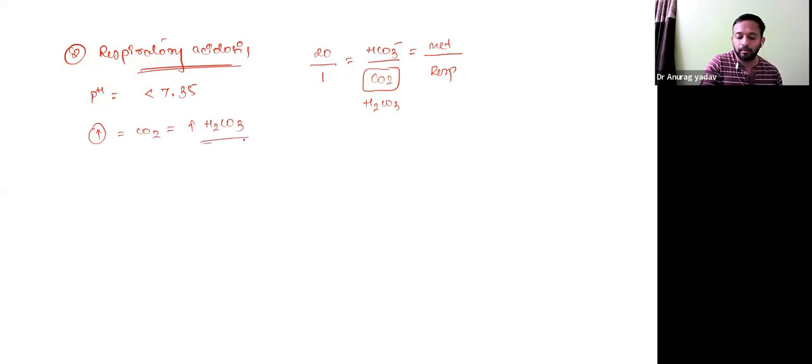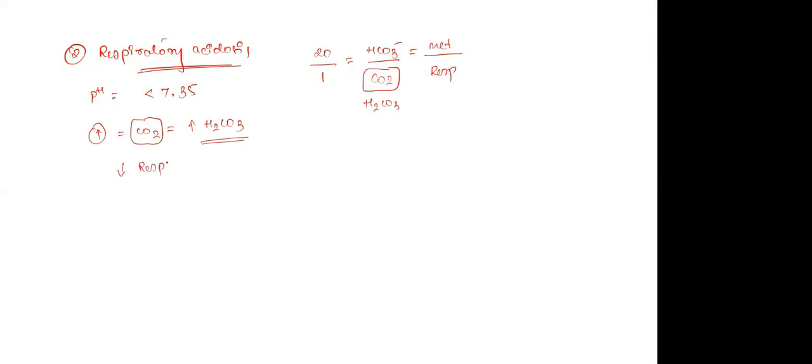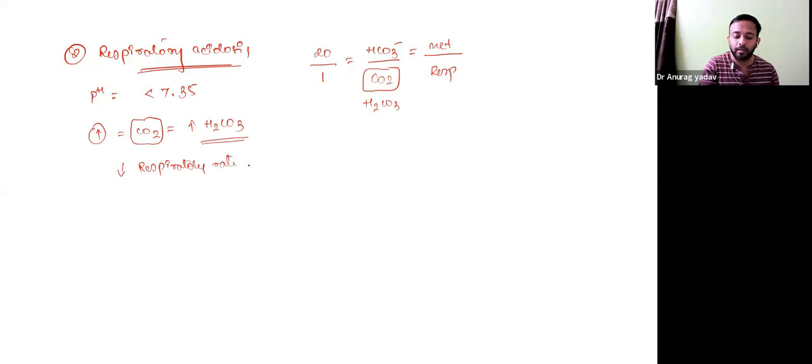When the carbon dioxide gets retained in your body, when there is decrease in respiration, hypoventilation, definitely carbon dioxide concentration starts increasing because you are not expiring it out. When carbon dioxide increases, definitely carbonic acid level also increases.